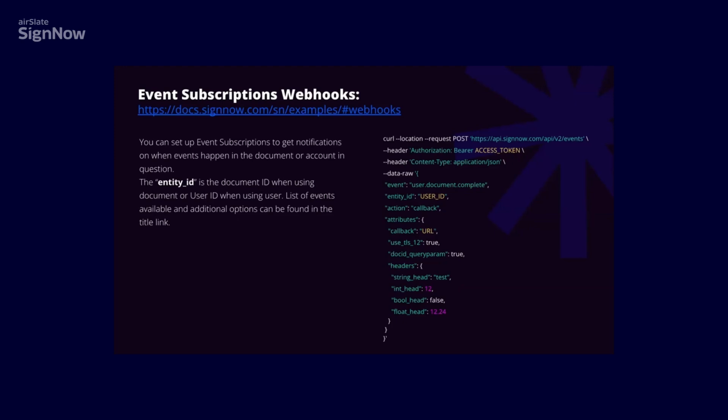If the document hits expiration, there's a .expire that you can set as well to get notifications. That way, if something does hit that expiration, whether that be an embedded invite or an emailed invite, you'll know which documents expired, and you can set up automation based on that expiration or that completion.